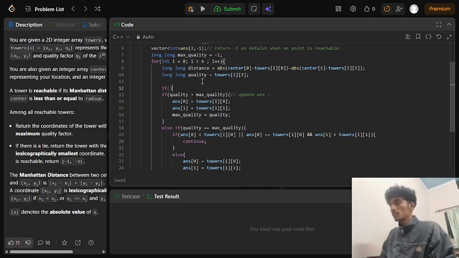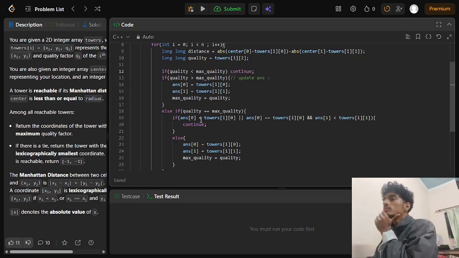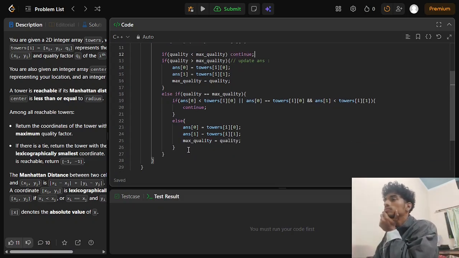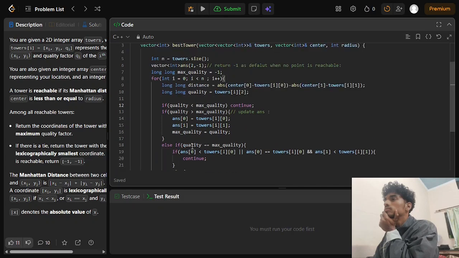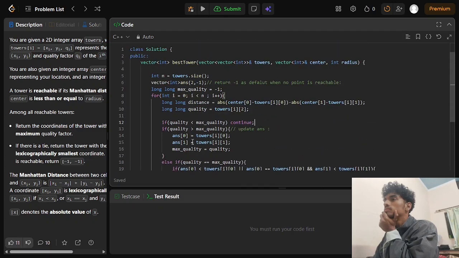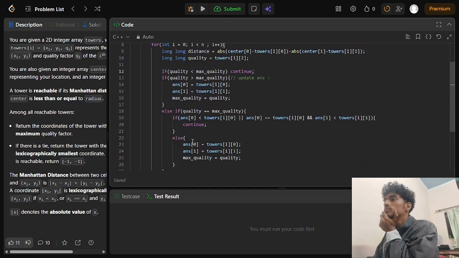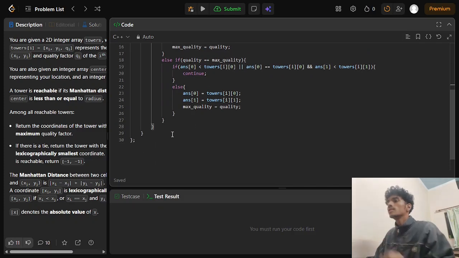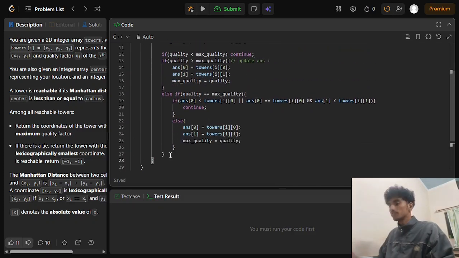If our quality is smaller than max quality, then continue. Yes, I think my code should work.